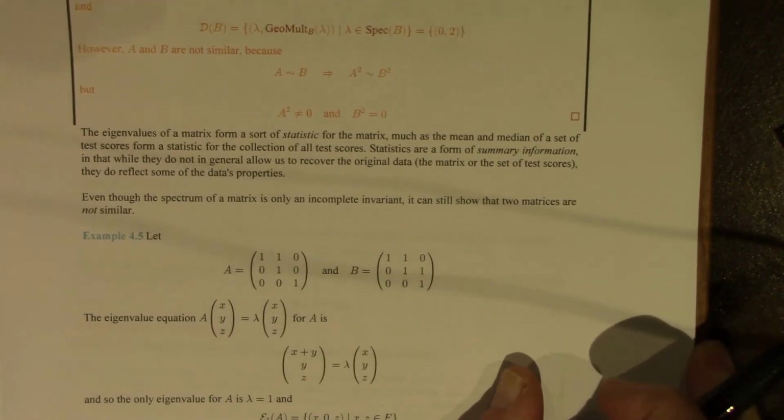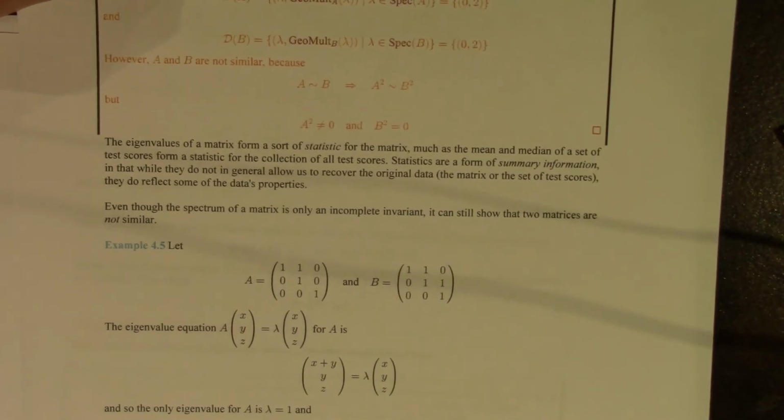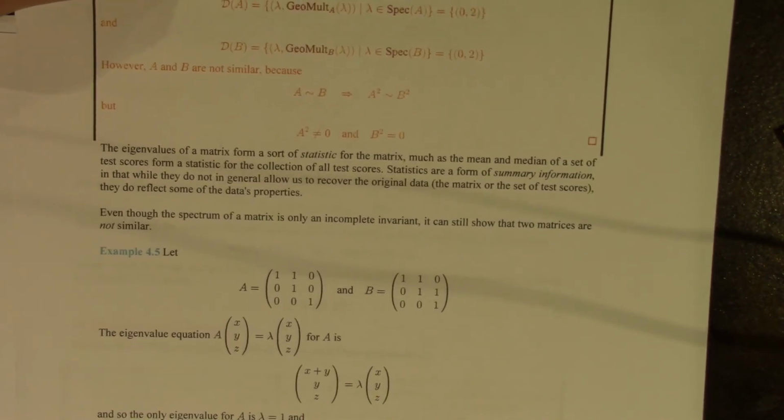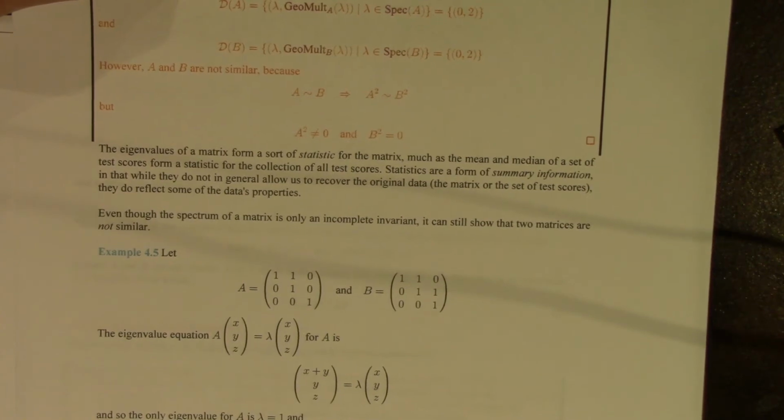So the eigenvalues, the spectrum, is summary data about the matrix. It loses some information in general, but it still retains a very valuable amount of information about the matrix. Even though the spectrum of a matrix is not complete, it still can be used, as we discussed some time ago, to show that two matrices are not similar.